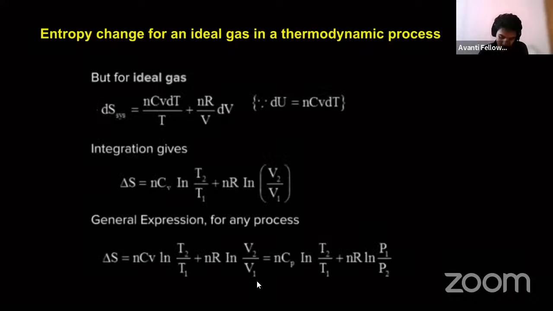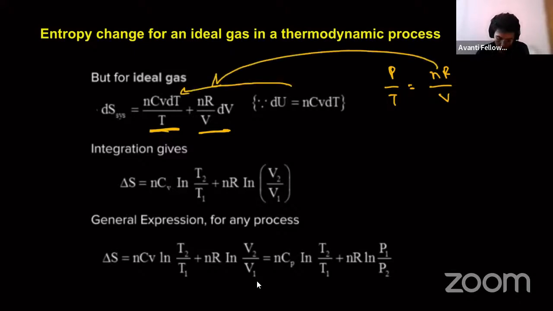Now if you see here, we substituted n cv dT by T plus nR by V dV, where we substituted p by T, right? P by T is equal to nR by V. And du is equal to n cv dT, that we substituted here. These two expressions we have substituted in this. Now, after integration, what will we get?